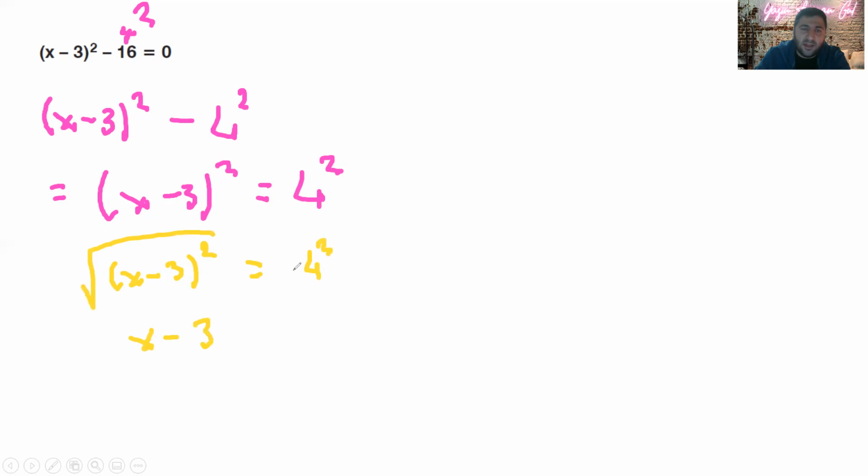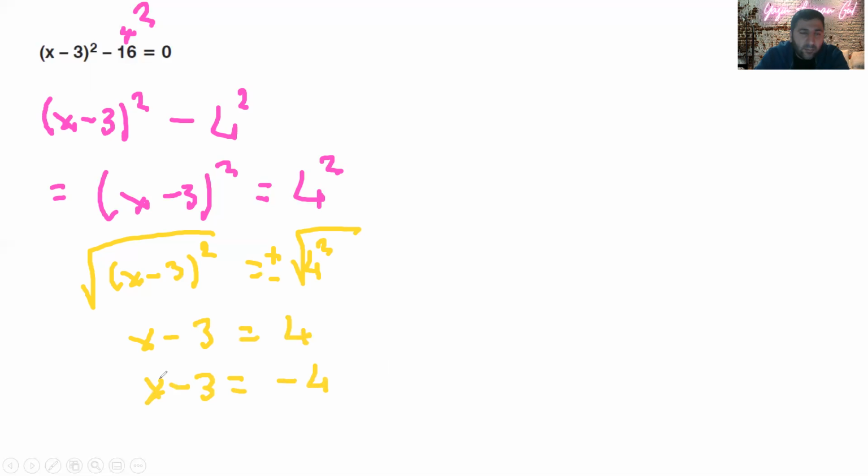And if I take the square root of this, remember guys, we take the positive and negative value. So this is going to be 4, and then I'm going to write it here because we can have two values. I'm going to say x minus 3 will equal negative 4.